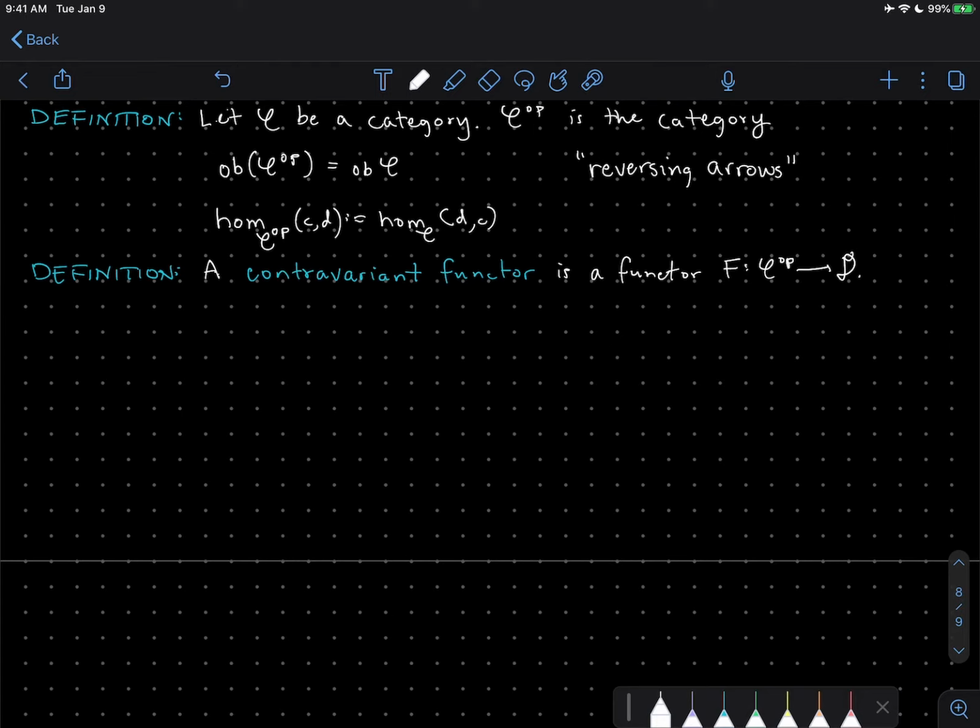Does a functor preserve morphisms, or does it reverse them in a certain way?